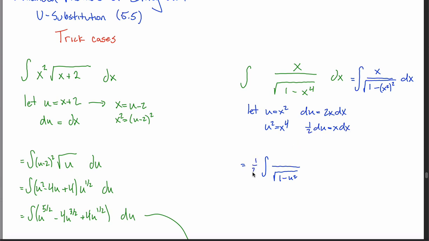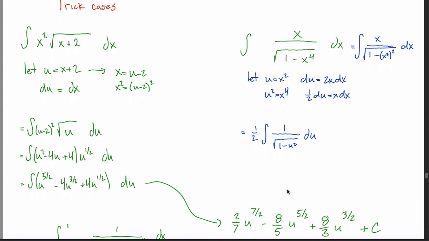So I'll put the 1/2 over here, the 1 is a placeholder, and the du over here. You should go back and check that with these substitutions, this transforms into this. But if you can get this far, then things aren't too bad, because the antiderivative of 1 over the square root of 1 minus u squared is just arc sine of u. So this is just equal to 1/2 arc sine of u plus c.